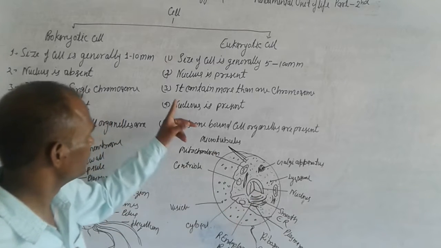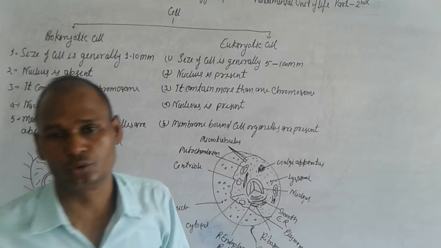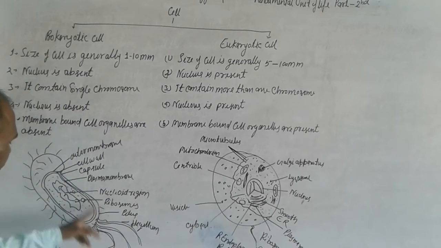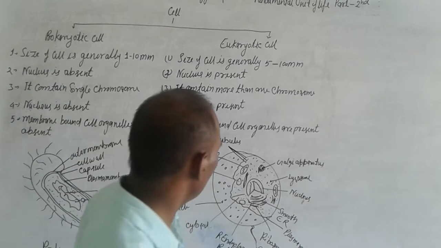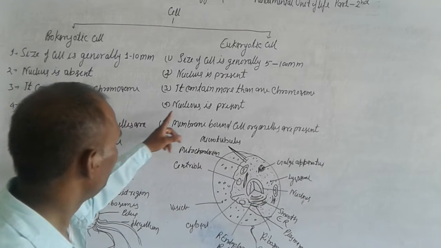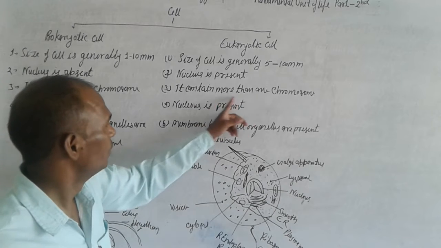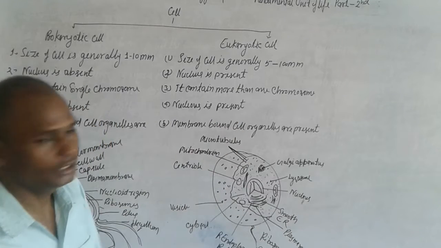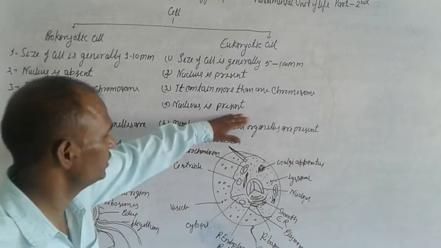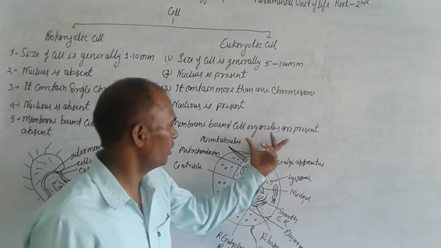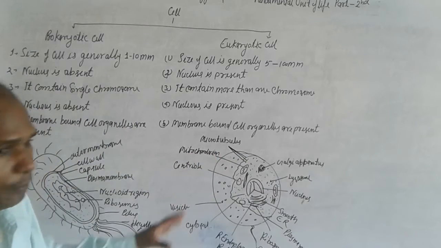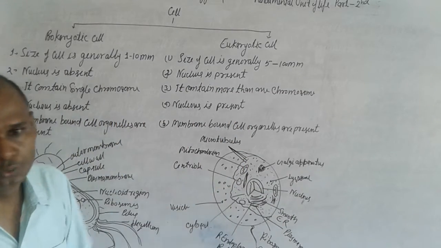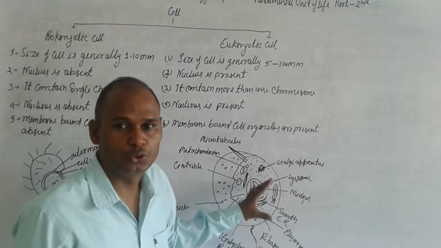It contains more than one chromosome, not only a single chromosome. In the prokaryotic cell only a single chromosome is present, but in the eukaryotic cell there is more than one chromosome. The nucleus is present, the nucleolus is present, and membrane bound cell organelles are present, meaning all cell organelles are present in the eukaryotic cell.